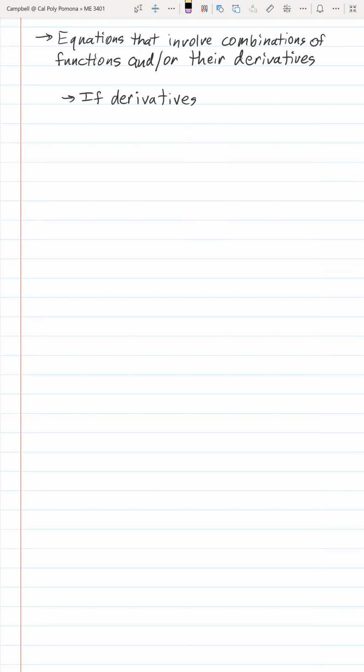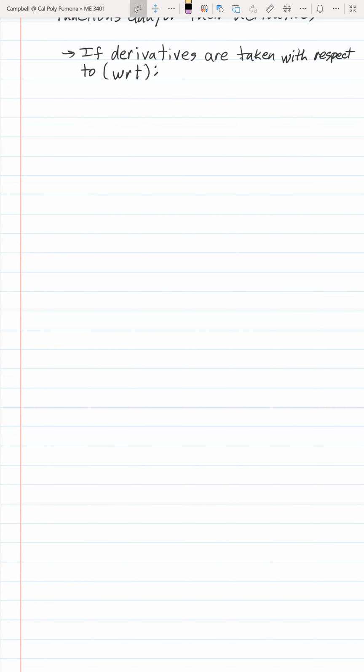So if derivatives are taken with respect to, and here that's generally abbreviated as WRT, so I may use that in the future.